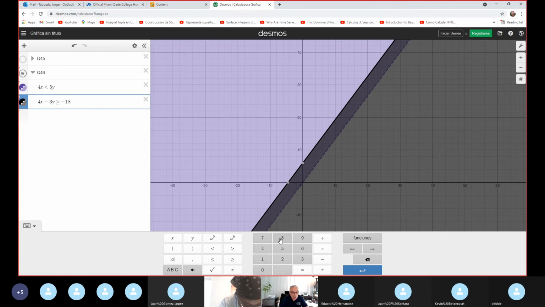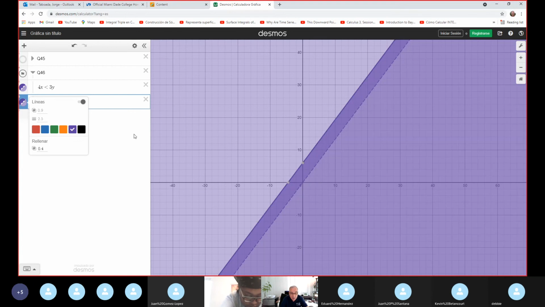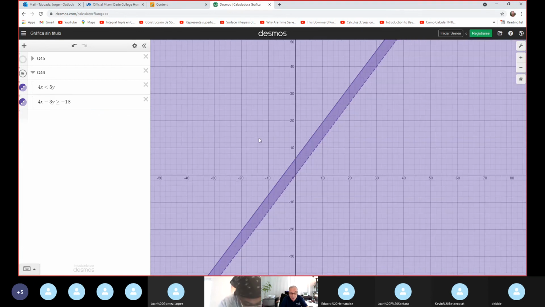Boom. My recommendation when you're using Desmos is to use the same color. Not black and purple. Use purple for both or black for both. Let me change the color here to purple, over there. And you can see more clearly now.